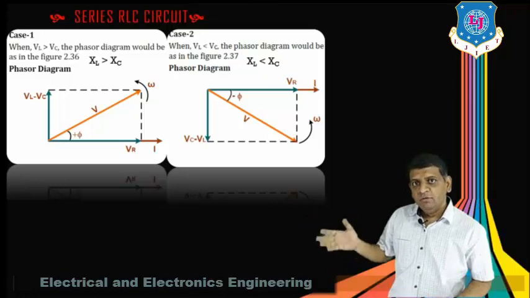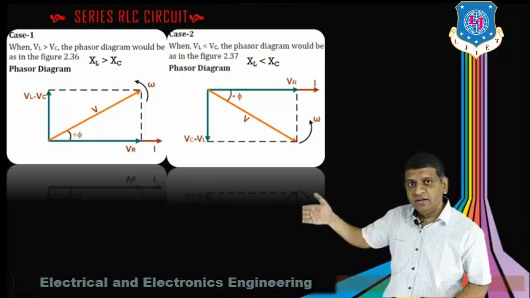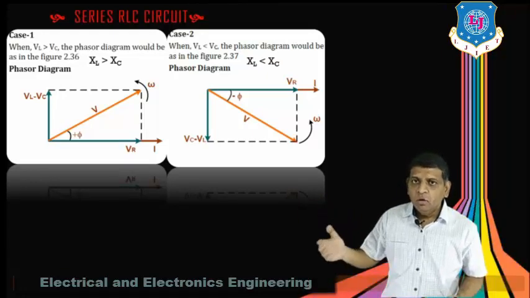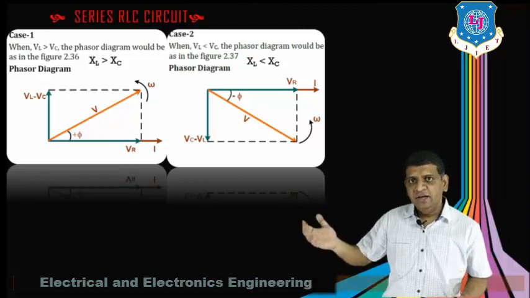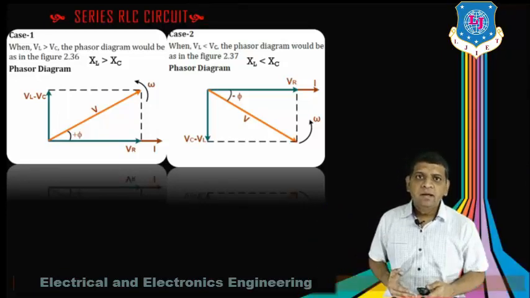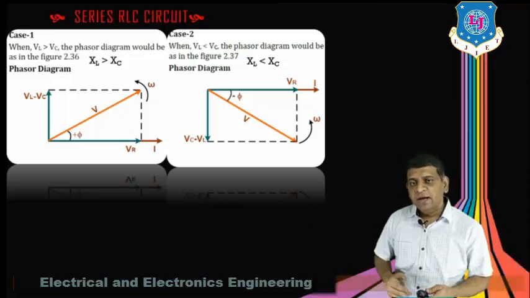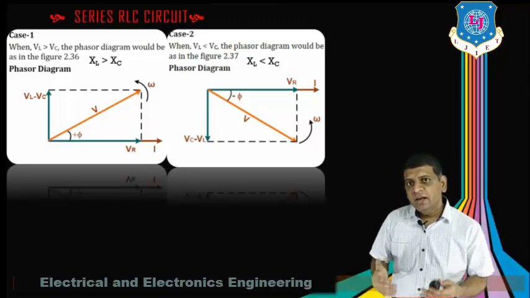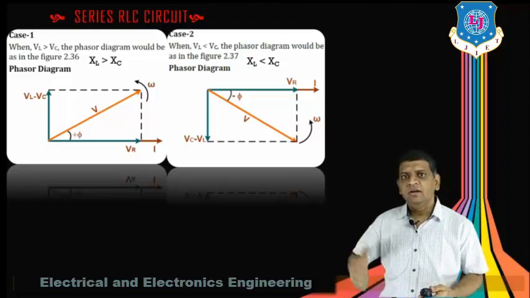So from these two vectors you will find the resultant vector which is V, and all these are rotating in an anti-clockwise direction. The theory is the same. So if you apply this phasor diagram, you find the resultant vector which is VL minus VC in the VL direction, right?